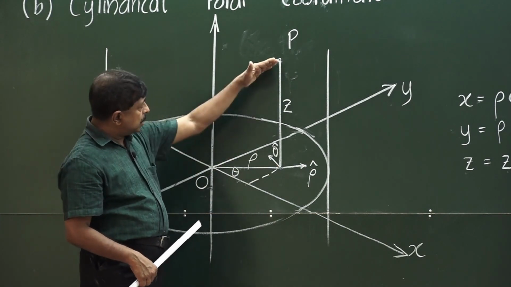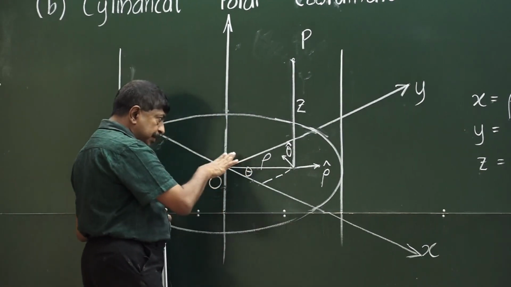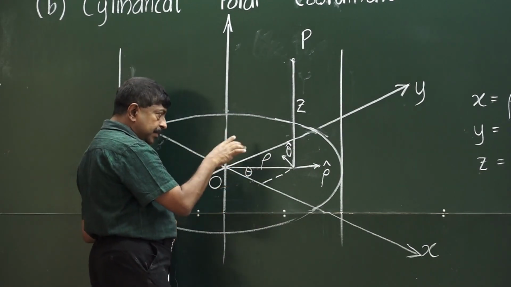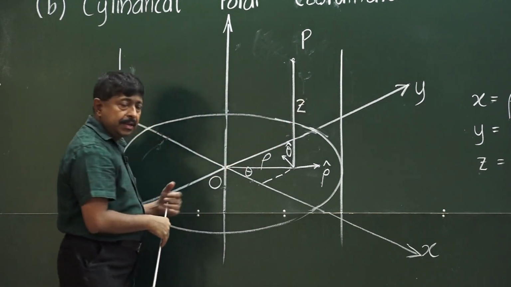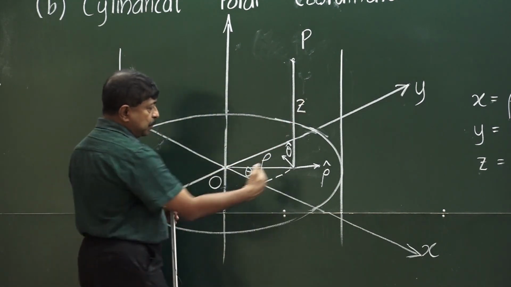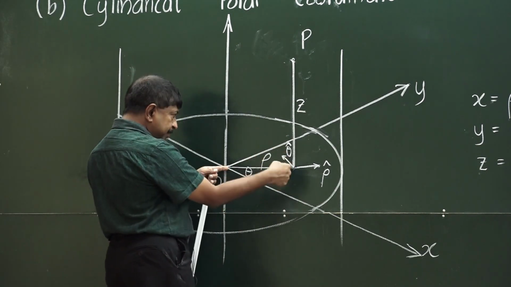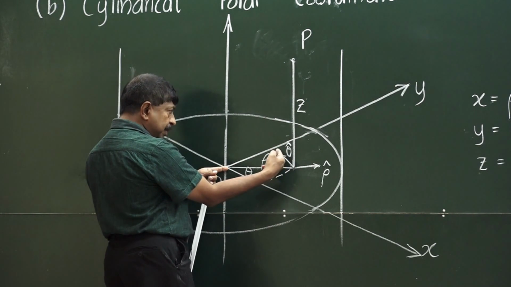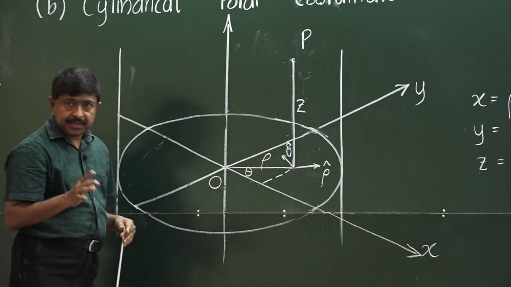Simply like in the polar coordinates, without changing the value of rho as well as z, you can increase theta by moving along this direction. By keeping the same radius, you can further move this way on the xy plane without changing rho and z.